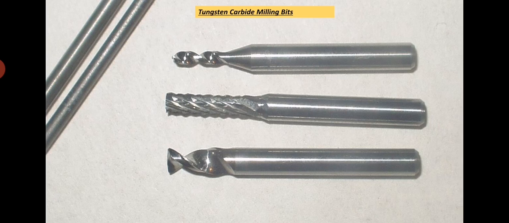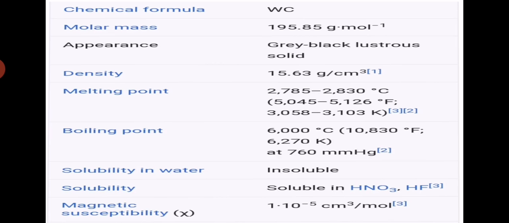Here the chemical formula for tungsten carbide is WC, and the molar mass of tungsten carbide is 195.85 gram per mole.